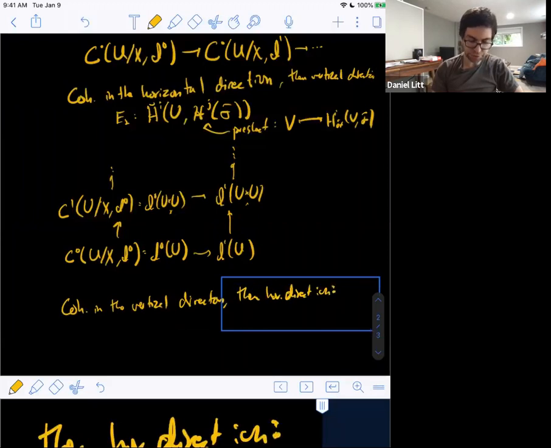What happens if we take the cohomology in the vertical direction first? What is the cohomology of these vertical complexes?